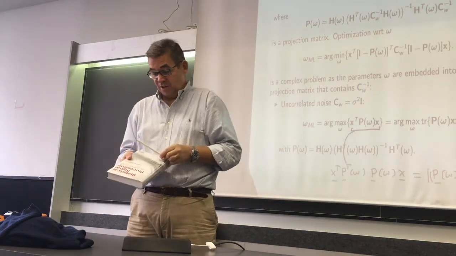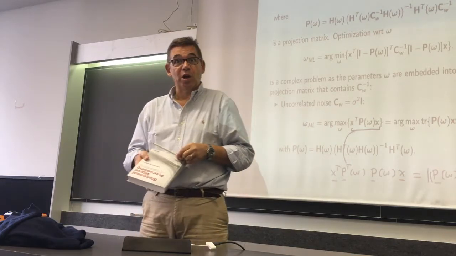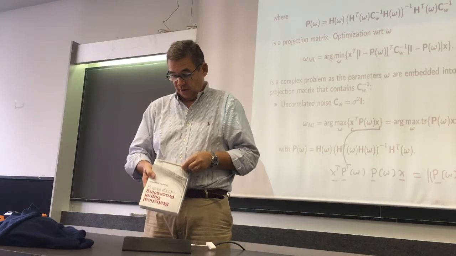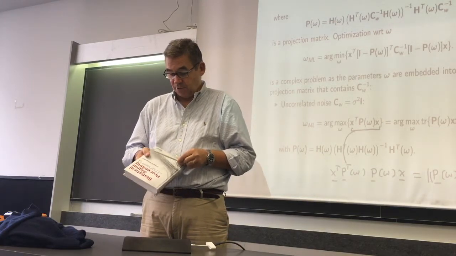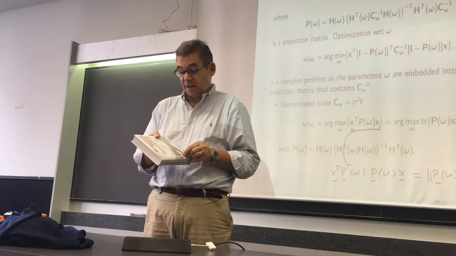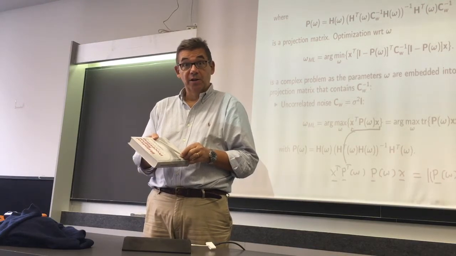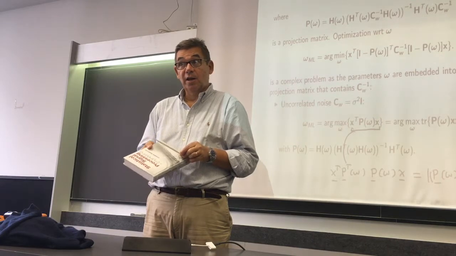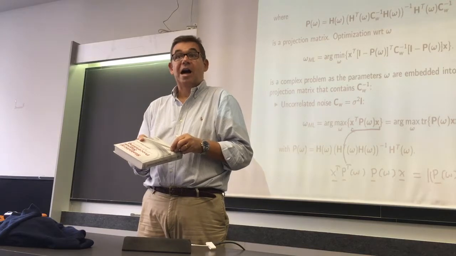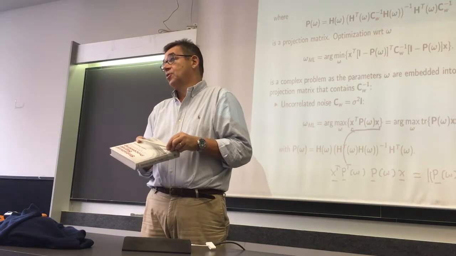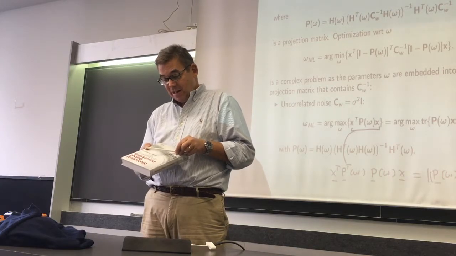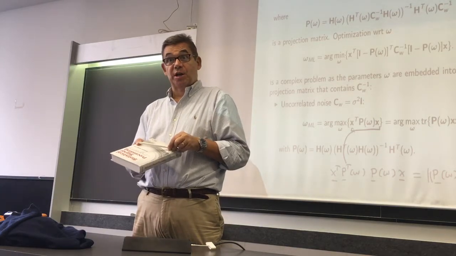So imagine that I keep on moving omega. Okay? So I start moving omega, I make a projection. Then at a certain point, look, it is getting almost coplanar, on the same plane. Okay? That means that the length of the projection is maximum. I found omega. So omega is the value that is maximizing the length of the projection.